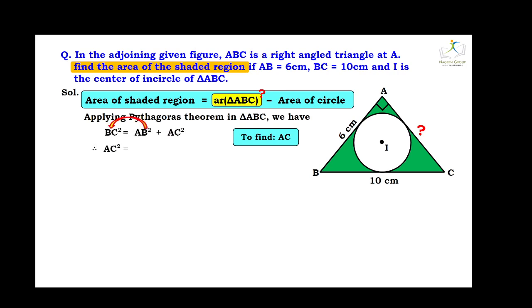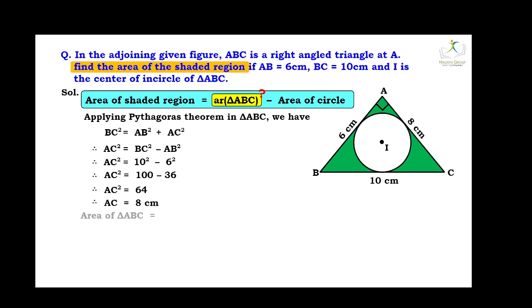Then 10 square equal to 6 square plus AC square. So we have to subtract from 10 square: 100 minus 36. That's 64. The square root of 64 is 8. So AC is 8. Now finding the area of the triangle becomes very simple. Correct?